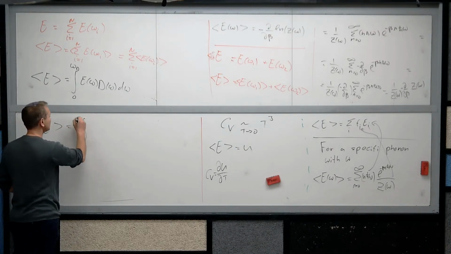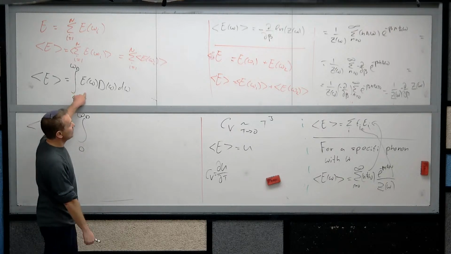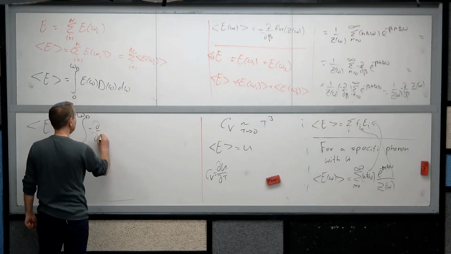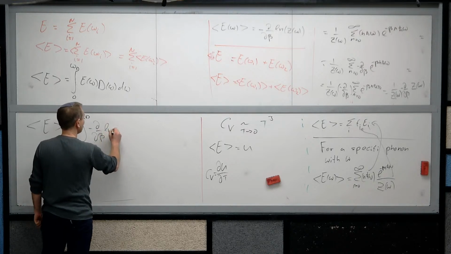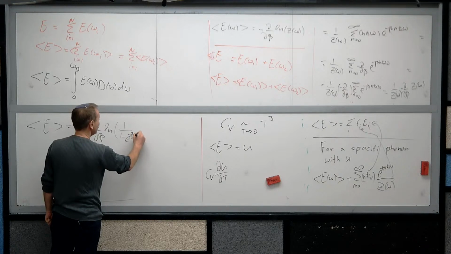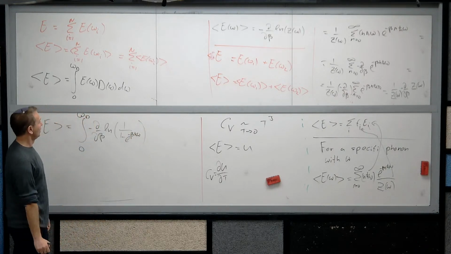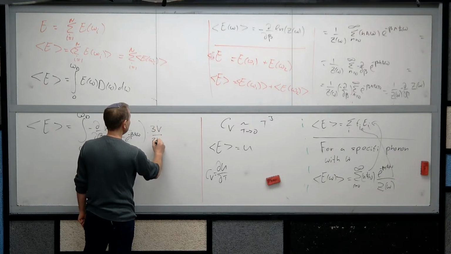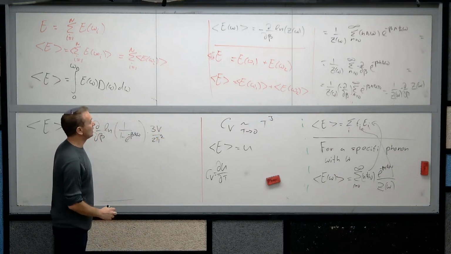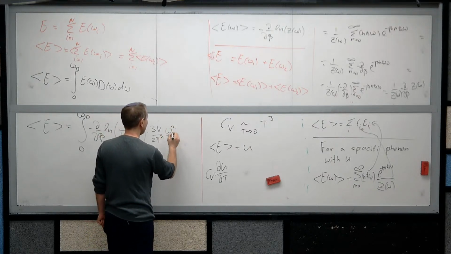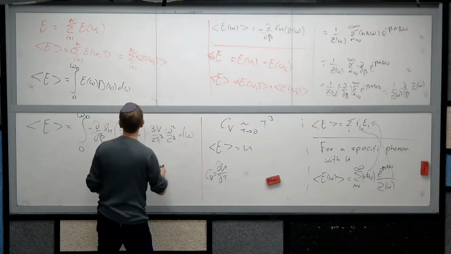An integral from 0 to omega Debye of E of omega, which is this guy, minus d over d beta of log of 1 over 1 minus e to the power of minus beta h bar omega, multiplied by 3V divided by 2 pi squared omega squared c to the third power, d omega.